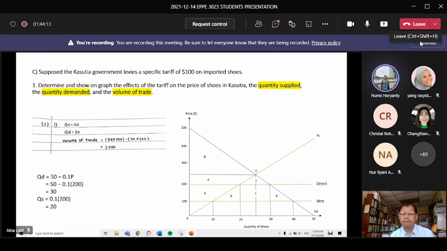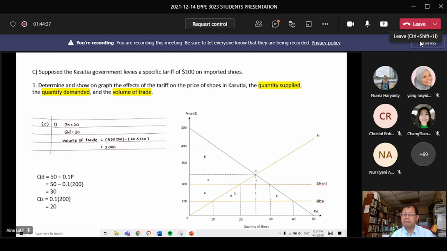For the price after the tariff, which is 200, you can see the red line at 200.